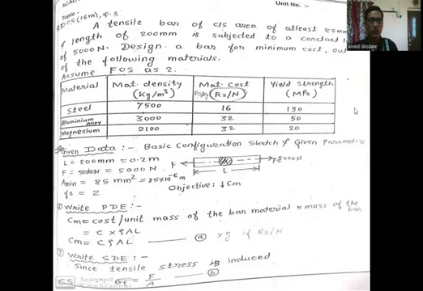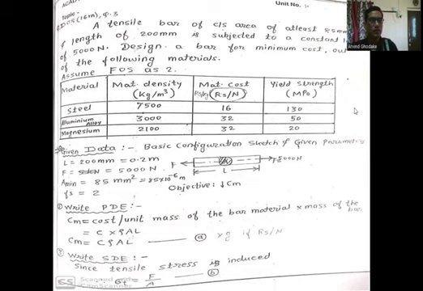So the force, axial force or tensile force, is given as 5000 Newton, that is 5 kilonewton. Then A minimum, that is the cross sectional area, is 85 mm square. Then L is the length of the bar, Fs is the factor of safety, and our objective is to minimize the cost of the material.